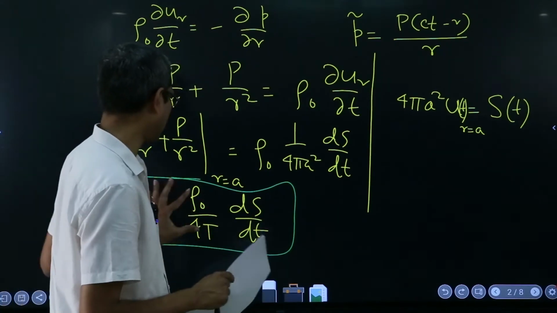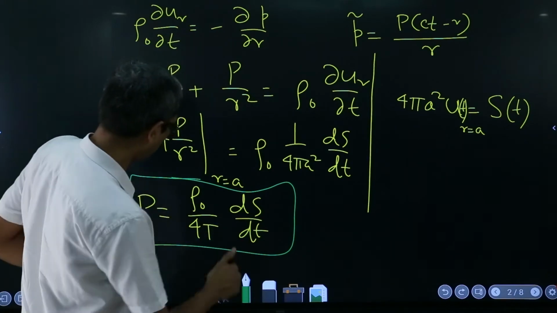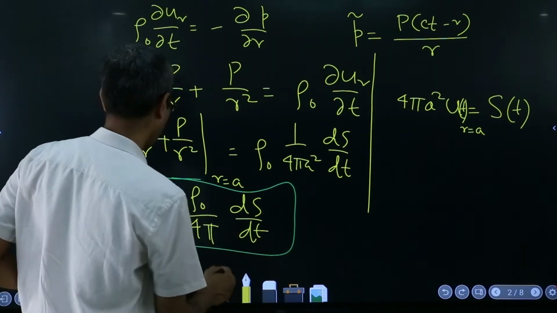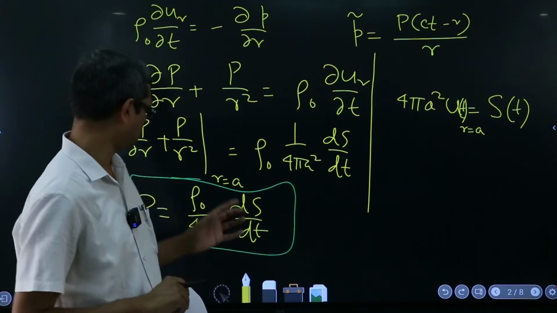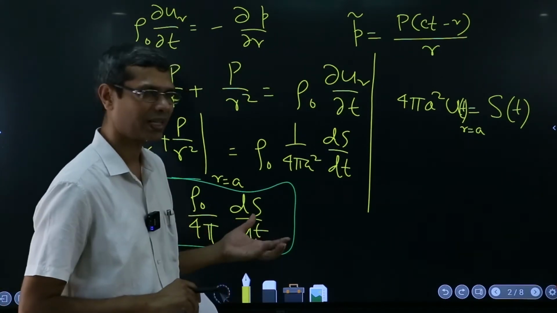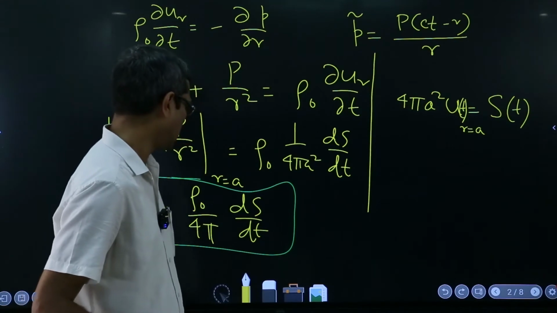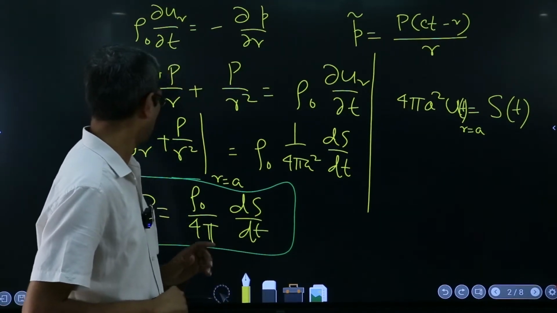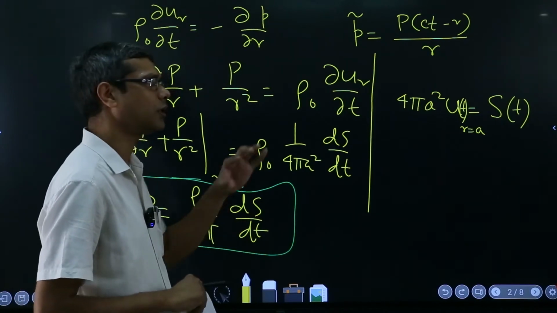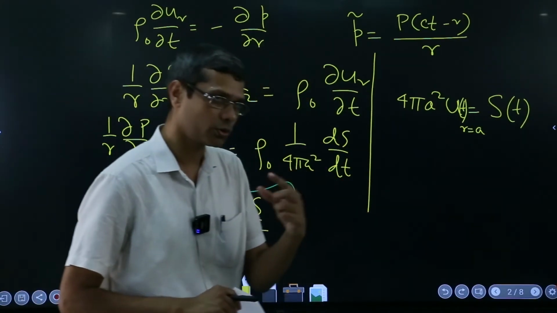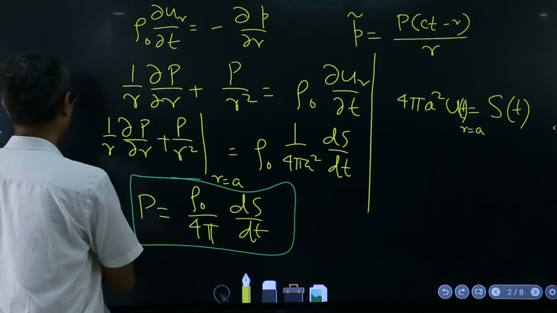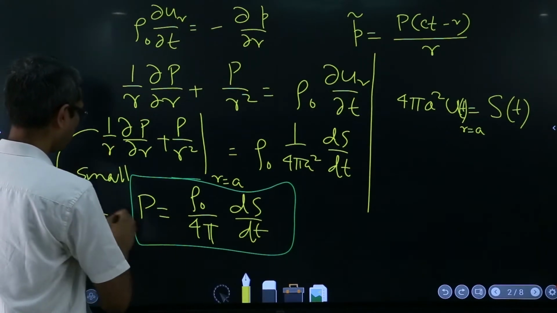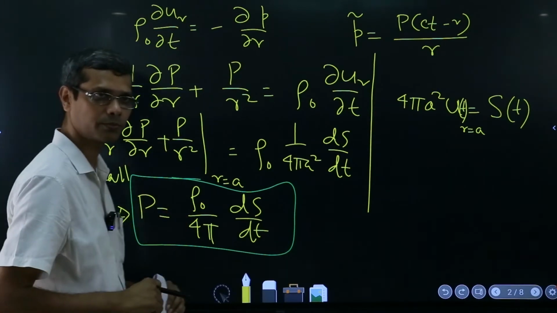Now, what does it tell you? What does this equation tell you? It is telling you that if you have a small source, the small has been taken care of while going from this to this.